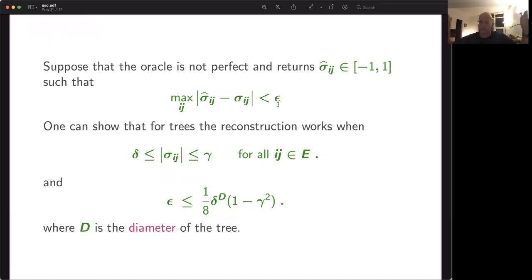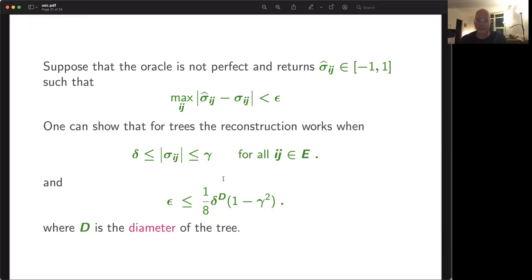For example, if our graph is just a long spaghetti, just a path, and the covariance is everywhere 1/2, then the covariance on the two extremes is going to be 2 to the minus n, exponentially small.